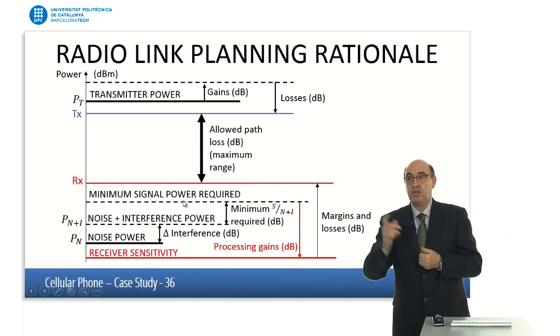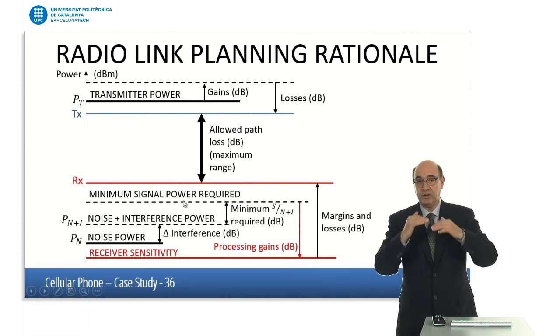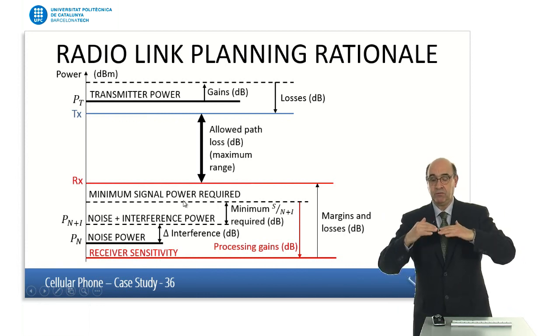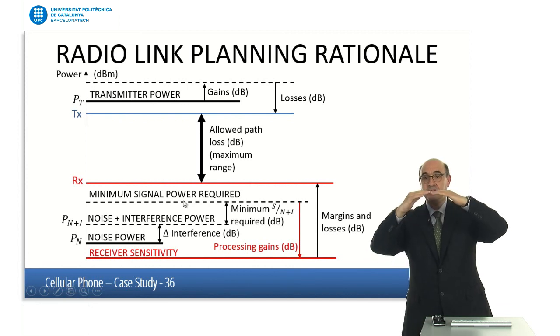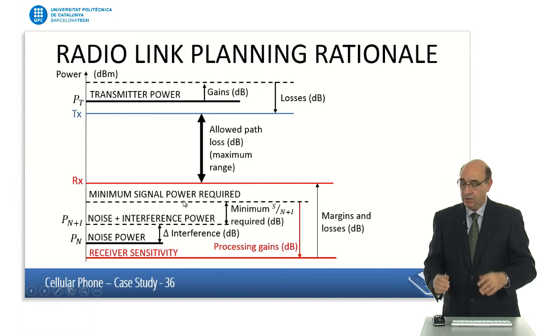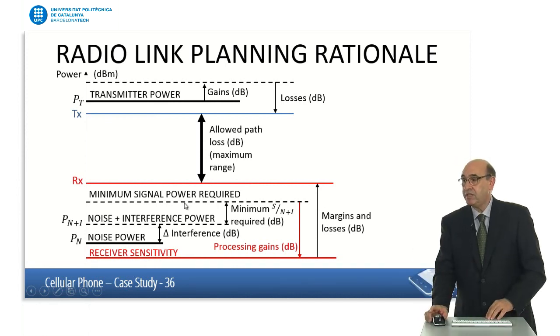This happens not only in cell phones, for instance, this happens also with GPS signals. They are very noisy, but since we know the code the satellite is transmitting, through correlation we can bring the signal up from the noise floor. So this is the minimum signal power, but all the processing gains bring us down. And the margins and the losses we have to apply, they bring us here. So this means the receiver power.